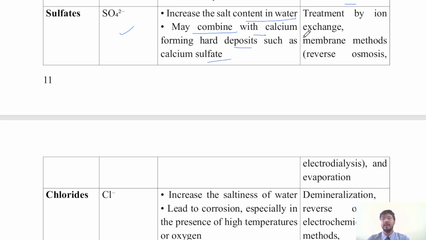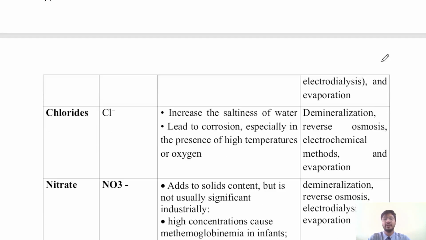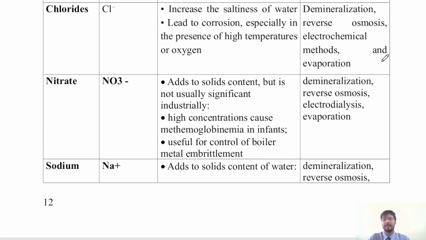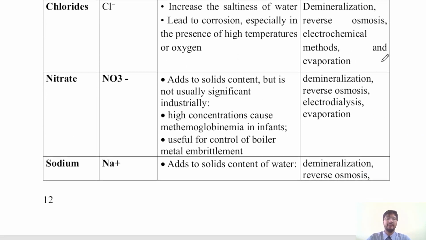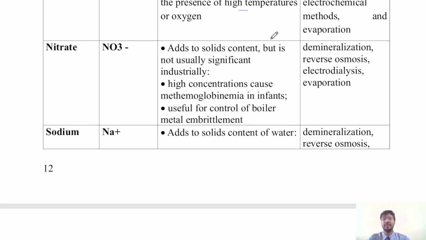It is removed by ion exchange, membrane methods, reverse osmosis, electrodialysis, and evaporation. And another is chlorides. It increases the saltiness of water and leads to corrosion, especially in the presence of high temperature or oxygen. It can be removed by demineralization, reverse osmosis, electrochemical methods, and evaporation.